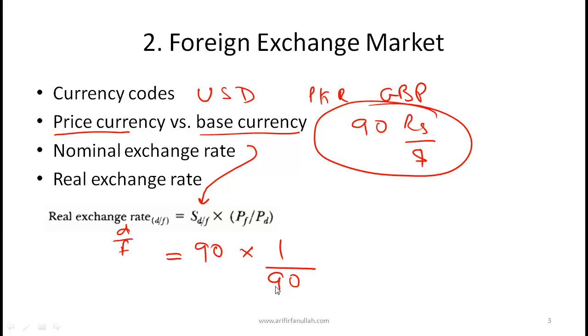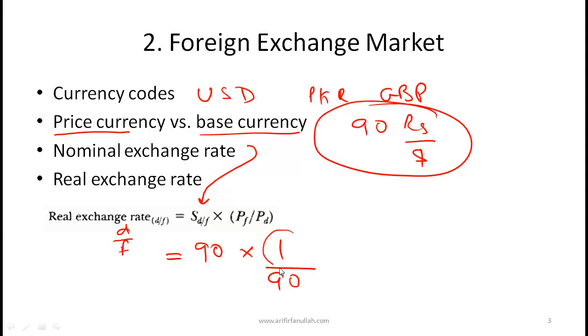And let's say that the price level in Pakistan is 90. To illustrate this with a simple example, let's say that prices in the US and Pakistan are represented by squash balls. I like to play squash, so I'll give you an example in the context of a squash ball. If the squash ball is an indicator of prices across the US and Pakistan, let's say that in the US a squash ball costs $1.